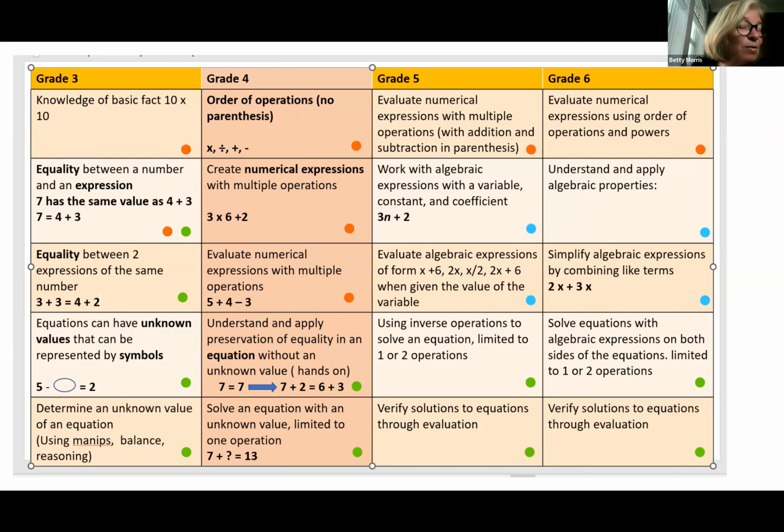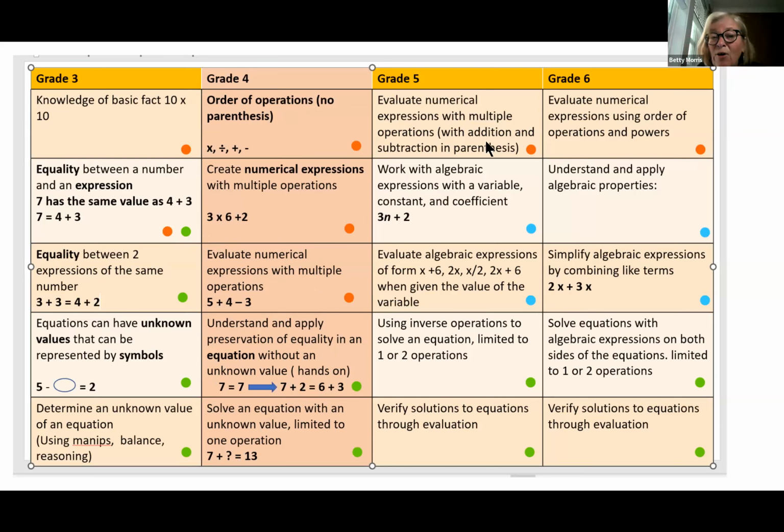So I struggle a little bit with the fact that the algebra does not start sooner in this new curriculum. I think they show it starting at grade 3. So even though I put the green dot for the equal, that's to show you that they do work with these equations, but so many times, tell me the number of ways you can do this. And then again, in grade 4, we're looking at creating them, and we're looking at evaluating them.